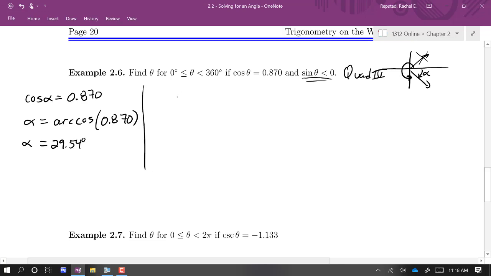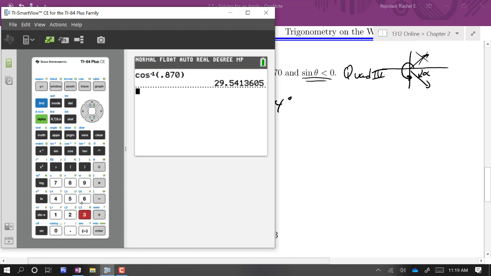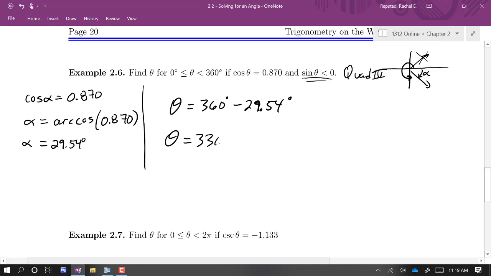Now to get the quadrant 4 angle that I want, I'm going to subtract that from 360. That gives 330.46 degrees.